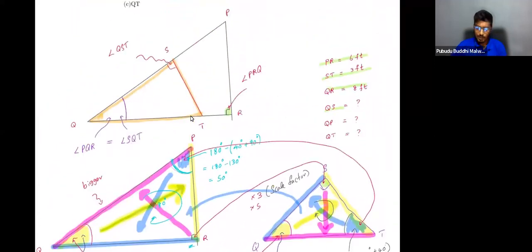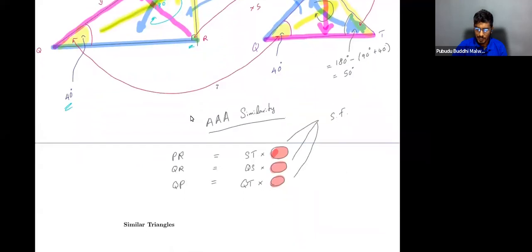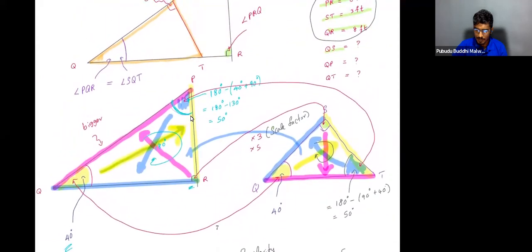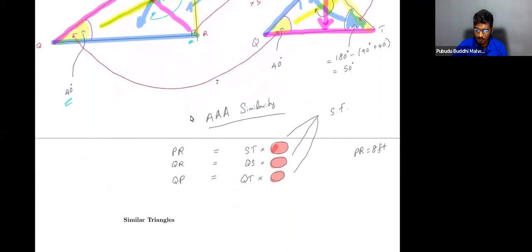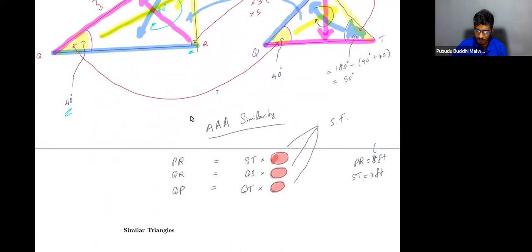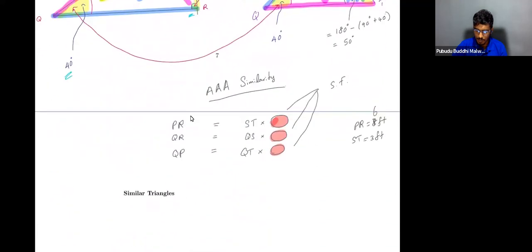So now we can use these lengths, PR, ST, and QR. ST 3 feet, sorry, PR 6 feet, QR 8 feet.